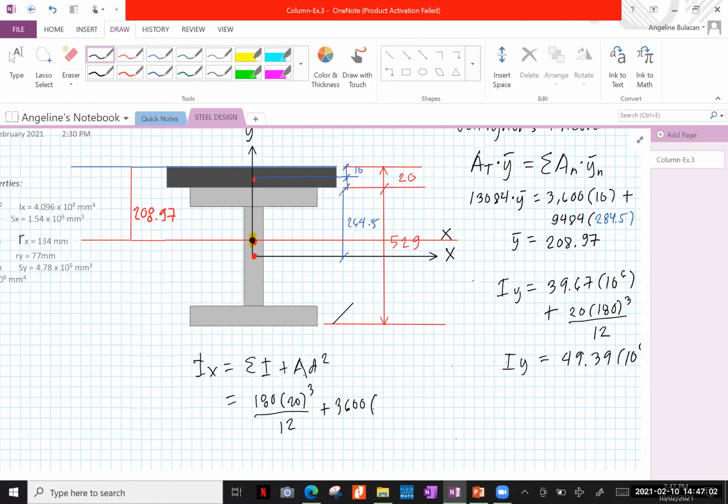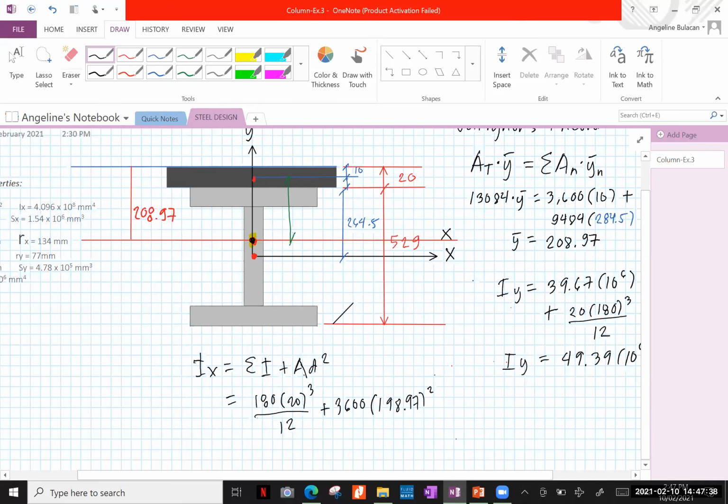Please don't forget that. Ang centroid natin is etong point na to. Ang new centroid mo is ito. So, yung hinahanap natin is itong height na to, which is equal to 208.97 minus 10, so 198.97 squared. Again, this is just for the plate.